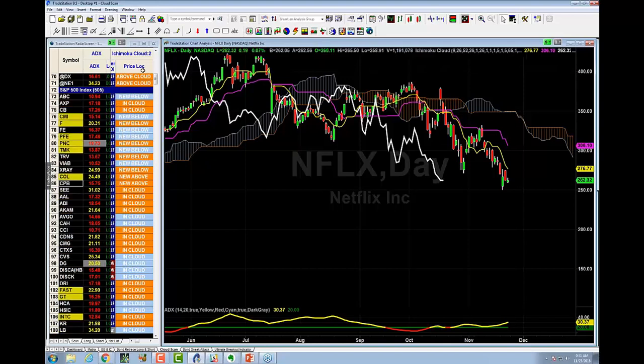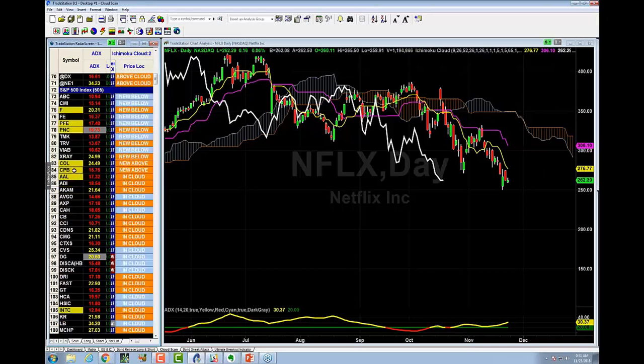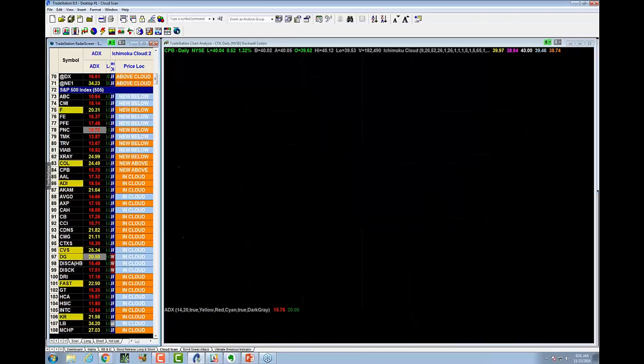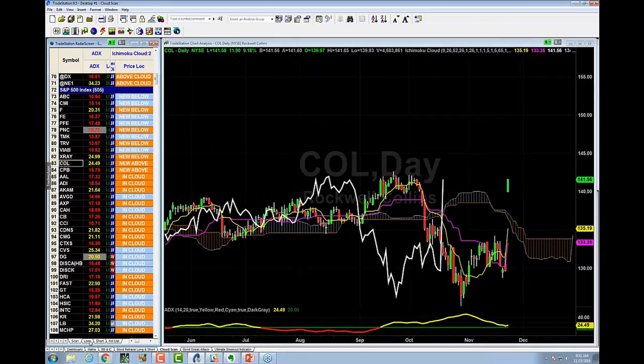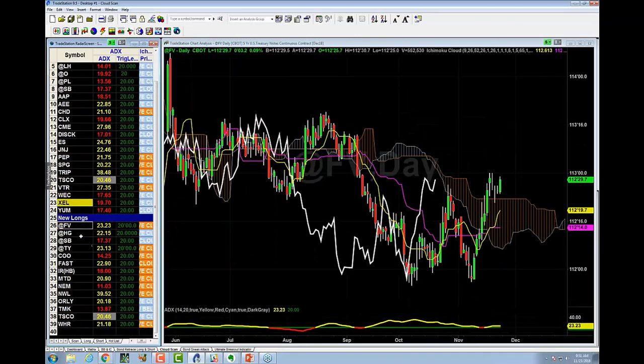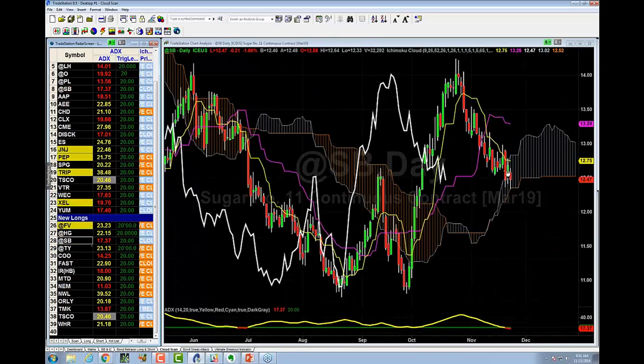Here, I'll filter it again for you. Here's new above right here. So you got CPB, and then you got COL, and then if you want a list of my longs, here's a list of my longs I found the other day. So the 5-year, copper, soybeans, not yet, or not soybeans, but sugar is almost a long.